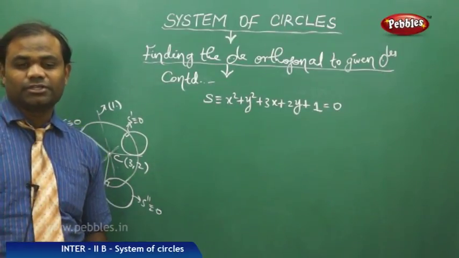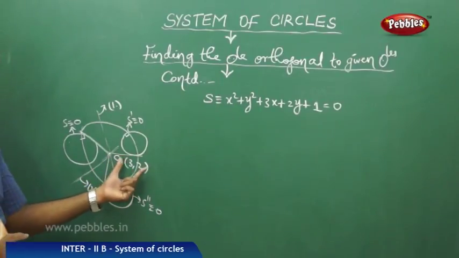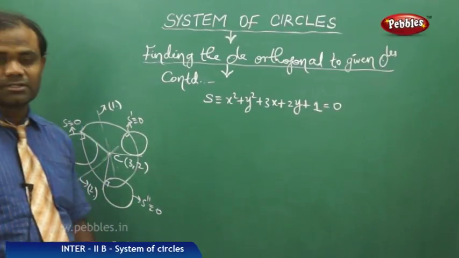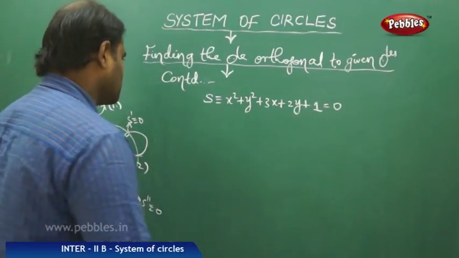In order to find the equation of the circle, we need the center, which is already known, but the radius is unknown. As we have seen in the previous session on the geometrical properties, radius is nothing but the length of tangent from the center to any of the 3 circles, because it is at equal distance from each of the circles.